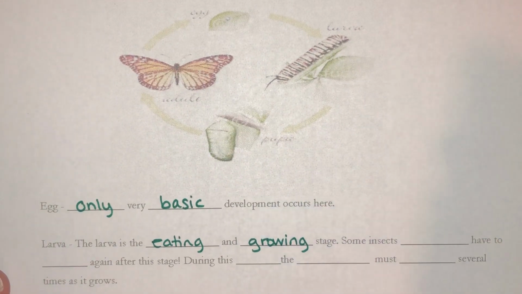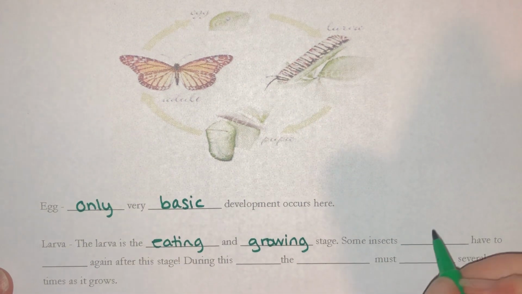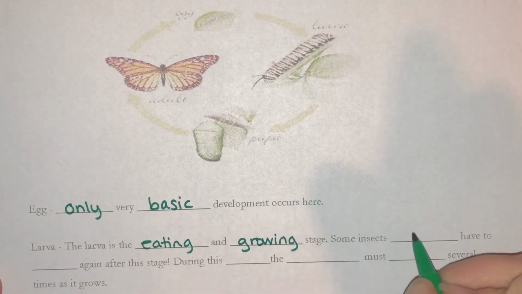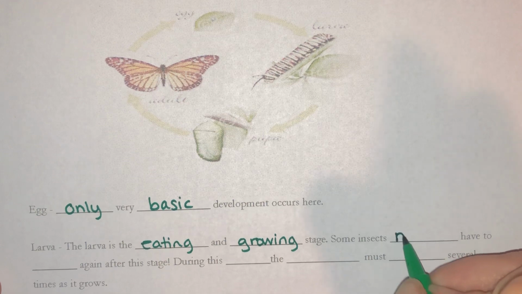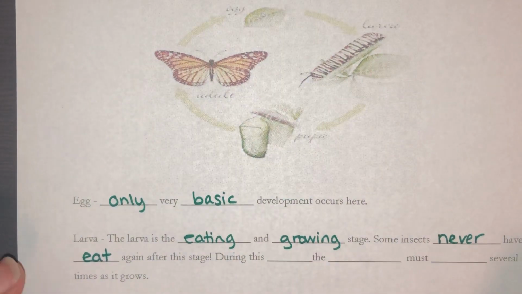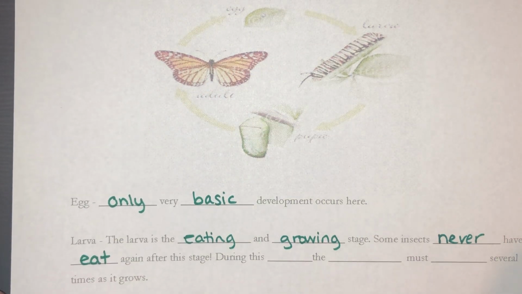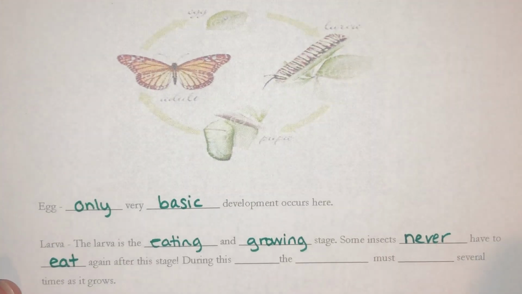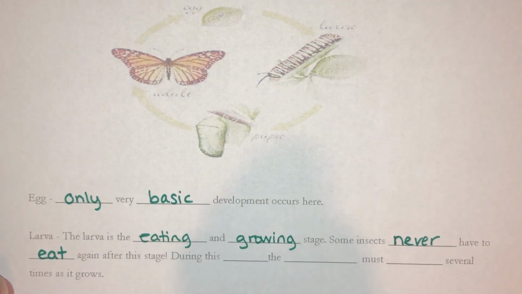So some insects eat so much during this stage, the eating and growing stage, that they never have to eat again. So their whole life cycle, they won't eat after the larva stage. So they won't eat during the pupa stage, and they won't eat during their adult life at all. That's not the case for all of them. Obviously, butterflies eat, but some insects will not eat.